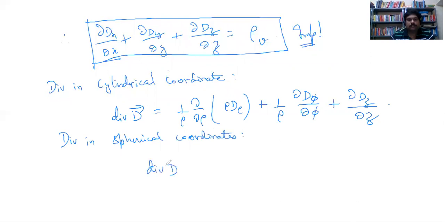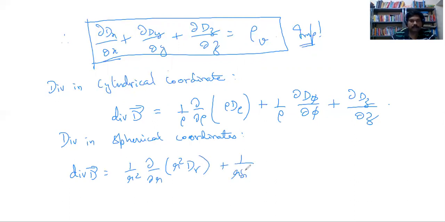Divergence of D, a bit lengthy, equals 1 by r square dou by dou r of r square Dr plus 1 by r sin theta dou by dou theta of sin theta D theta plus 1 by r sin theta dou D phi by dou phi.